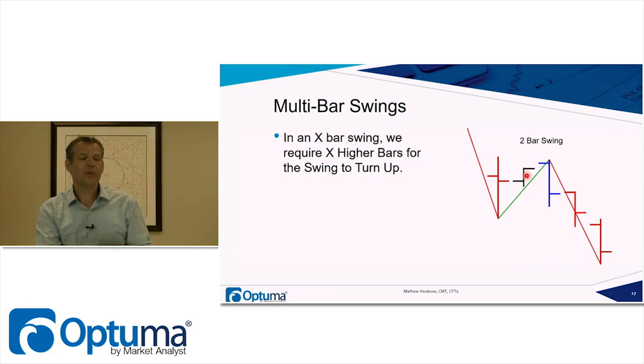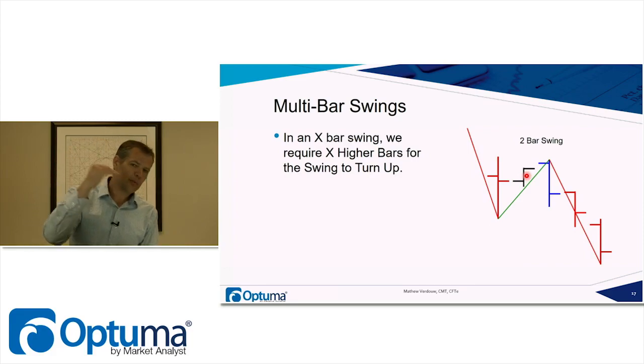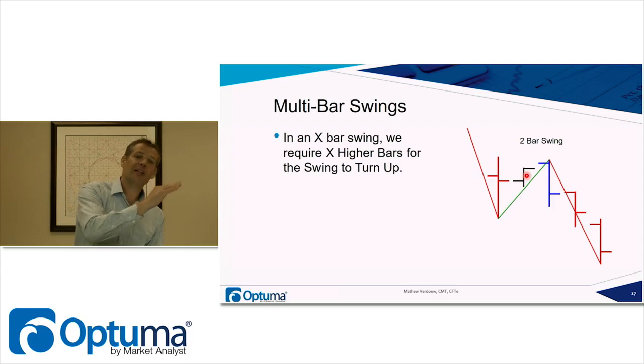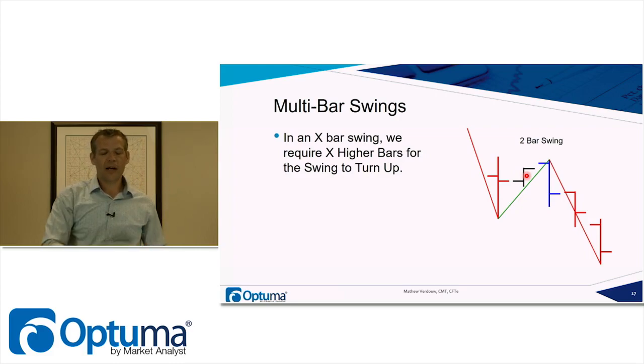If the trend's been going down and we've had lower bottom, lower bottom, lower bottom, and suddenly we get a higher bottom, well, we may not have had the higher top, but it really is quite possibly the start of a change of trend. And so then we wait, and in this case we've got an outside bar, so the swing would go up. We've had a 2 bar count, and then obviously went down.